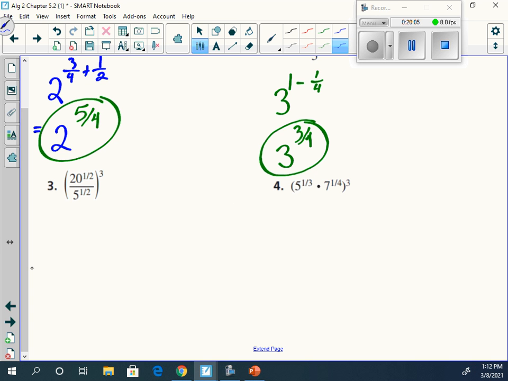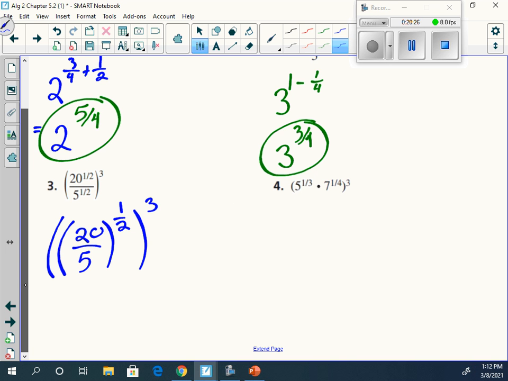Okay, let's look at number 3. To solve this here, the first thing we're going to do is pull that 1/2 out. Because again, we want to simplify this down. So the easiest way to simplify it is to rewrite it as 20 divided by 5 to the 1/2 to the 3rd.